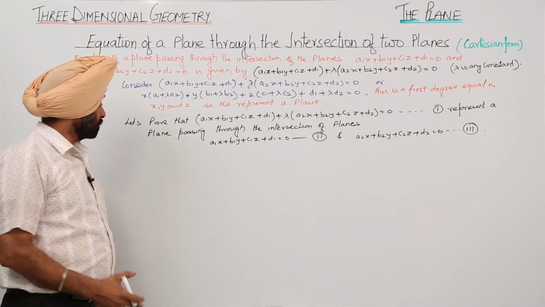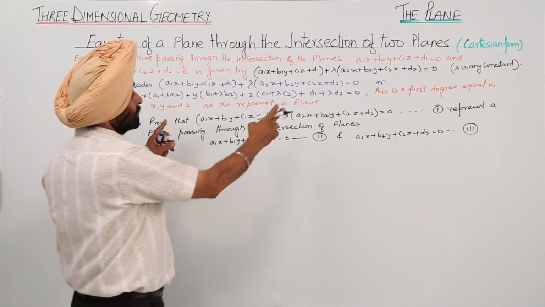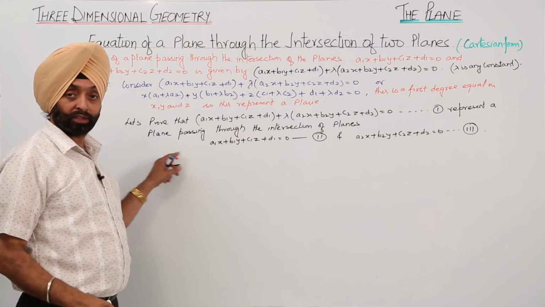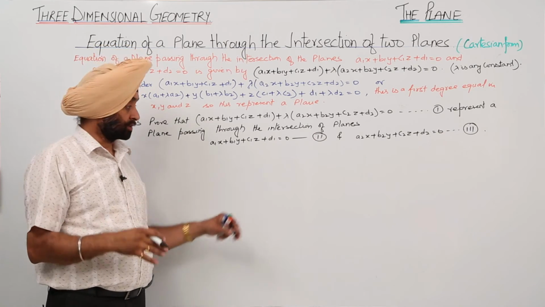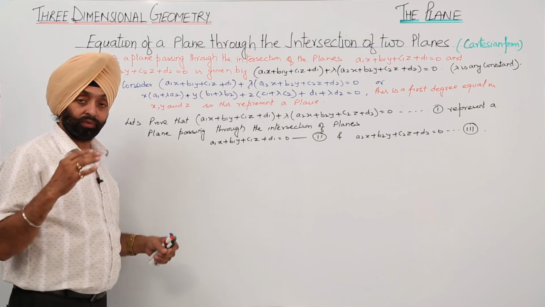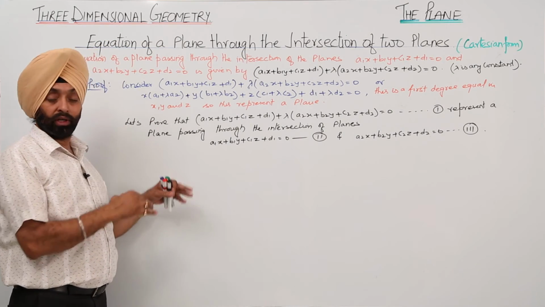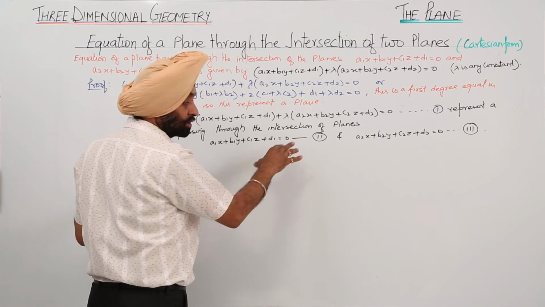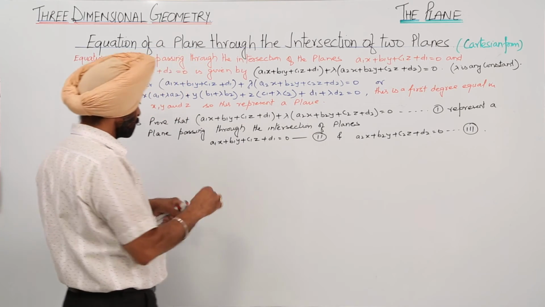Now let's prove that this equation, I have named it 1, represents a plane passing through the intersection of the two planes, and I have written the equation of the two planes. Now it is sufficient to show that any point lying on the intersection of the planes lies on this plane.